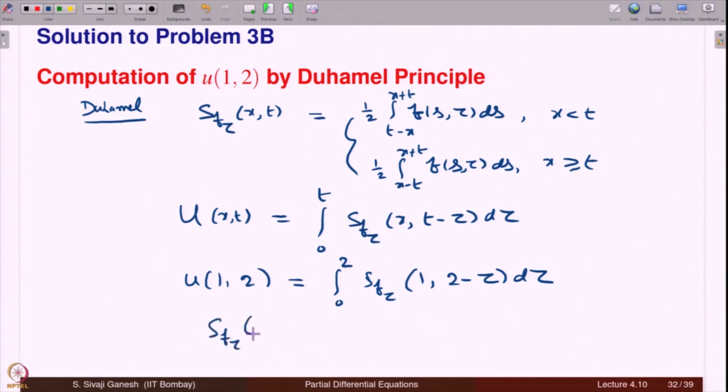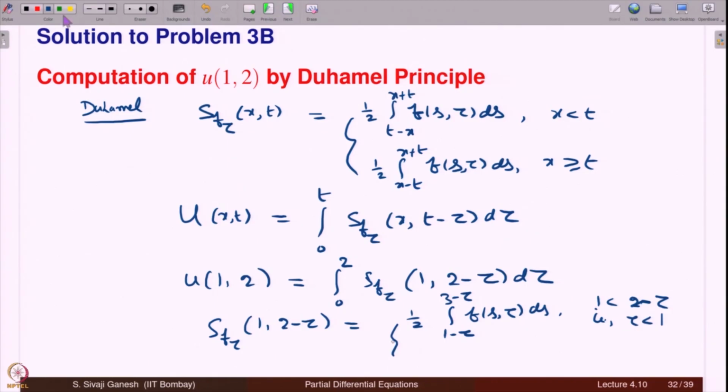S f tau of 1 comma 2 minus tau is equal to half integral from t minus x, that is 2 minus tau minus 1, that is 1 minus tau, to 3 minus tau of f of s tau ds. This happens if 1 is less than 2 minus tau, that is tau is less than 1.